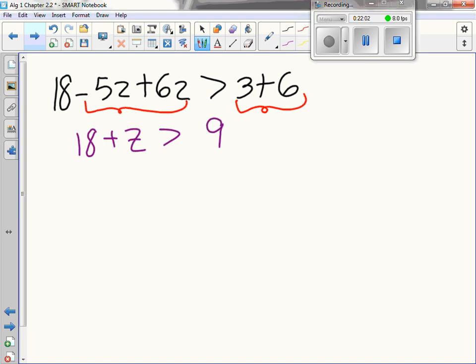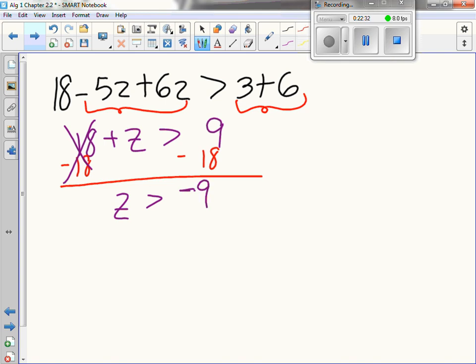Then what can we do next? I want to get the variable by itself, yes? So we would do what? I would subtract 18 from both sides, because 18 minus 18 is? What do we get?